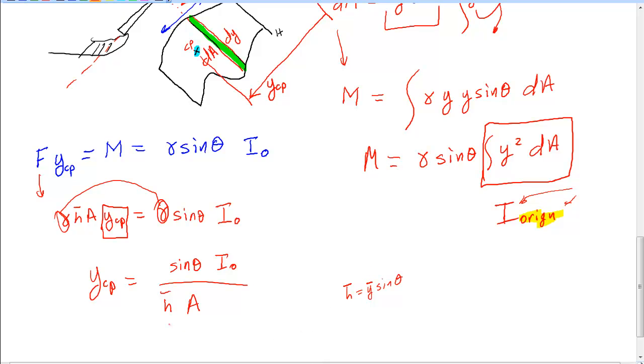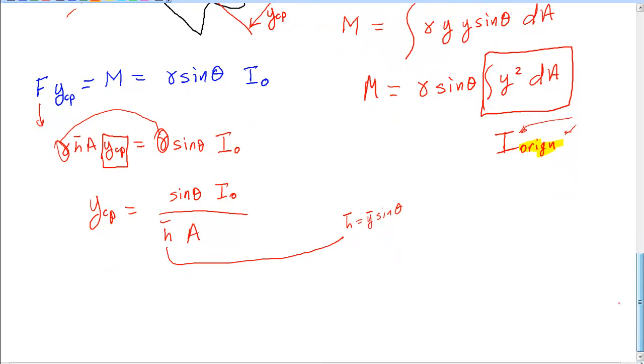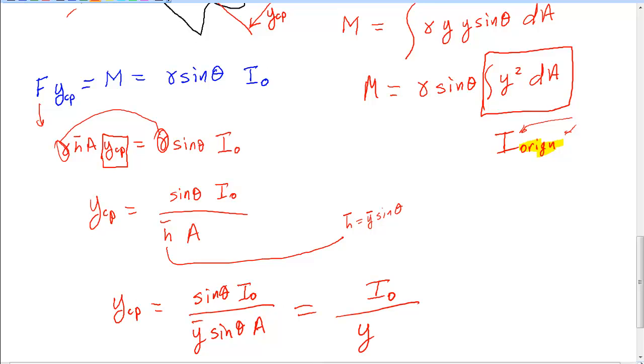Here's h bar, there's y bar. So that tells me that I can do nothing more than just replace that. So the y center of pressure is equal to sine of theta over y bar sine of theta area, which is nothing more than that.